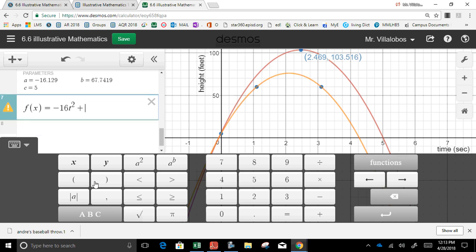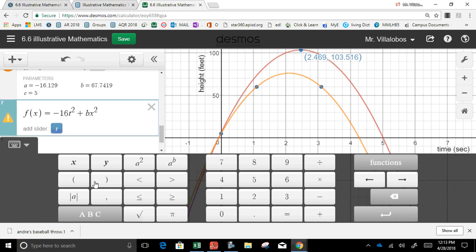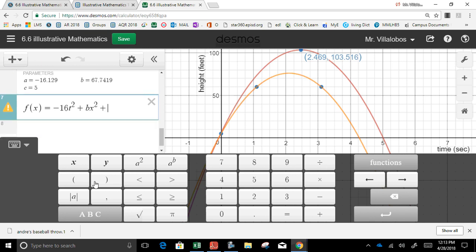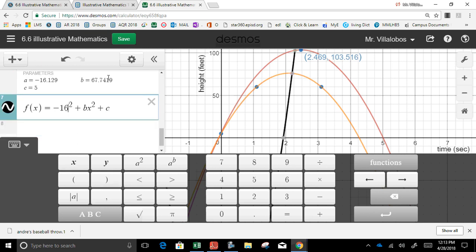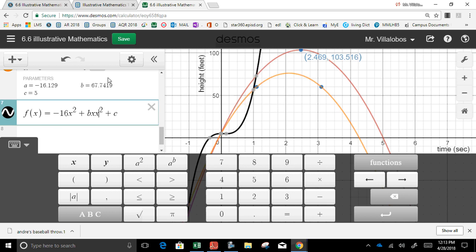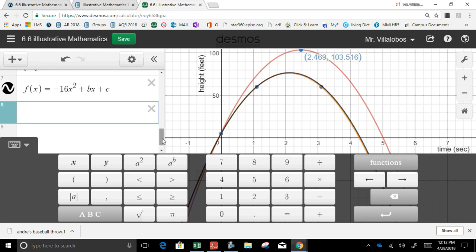Initial velocity of 67 for B, and the height of C. And I should change that to X. Yes. So there's the function.